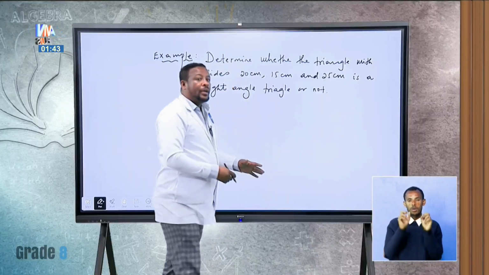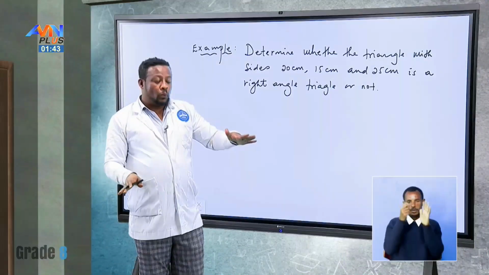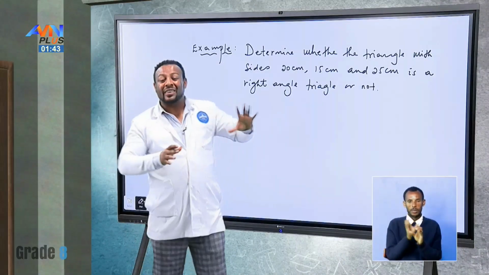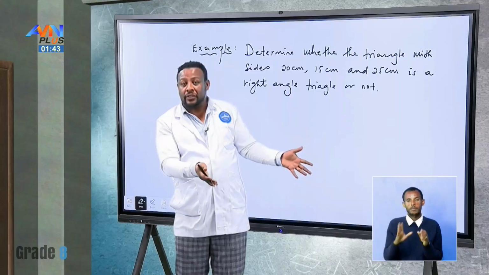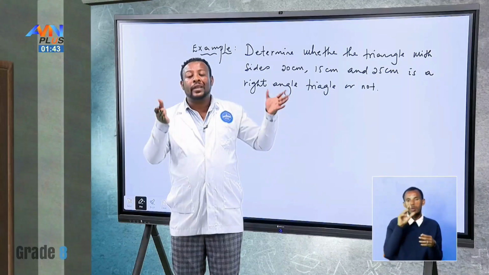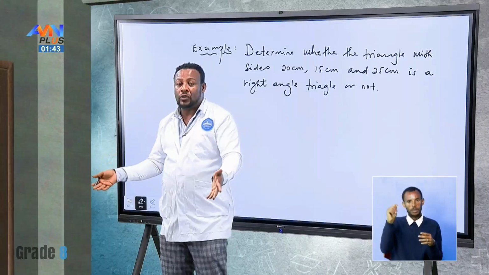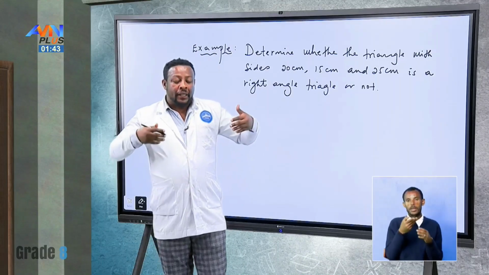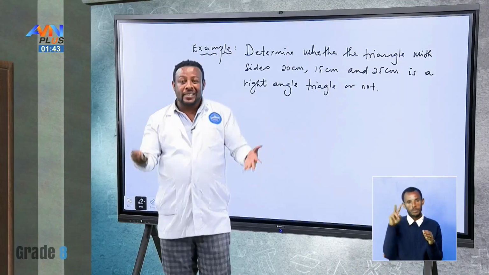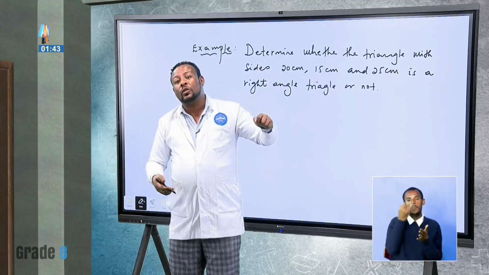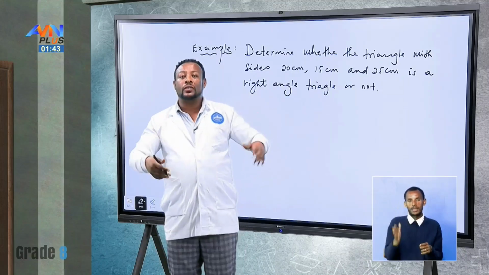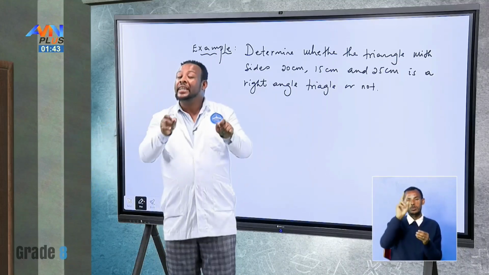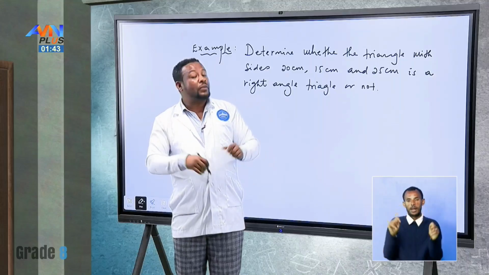In our previous example, we were calculating an unknown side by being given two sides, and we applied the Pythagoras theorem to find the third unknown side. But the converse of the Pythagoras theorem states that if the square of the longest side is equal to the sum of the squares of the other two legs, then that triangle is a right angle triangle.